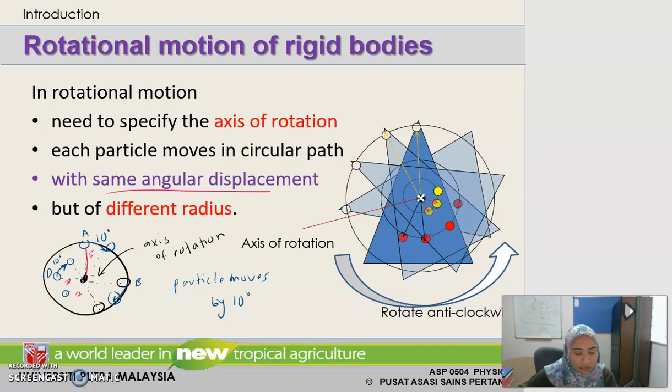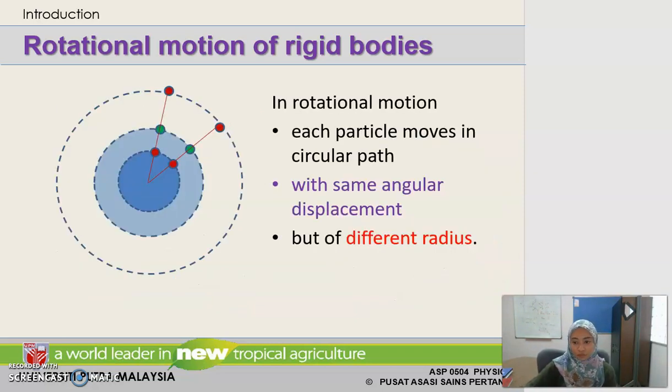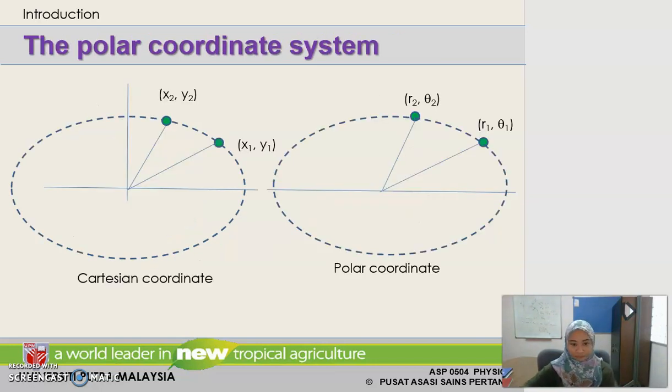The radius depends on where the particle is situated with respect to its axis of rotation. In rotational motion, each particle moves in a circular path with the same angular displacement but different radius. But what is angular displacement? I hope the next slide explains this. It doesn't, so we will explain later.